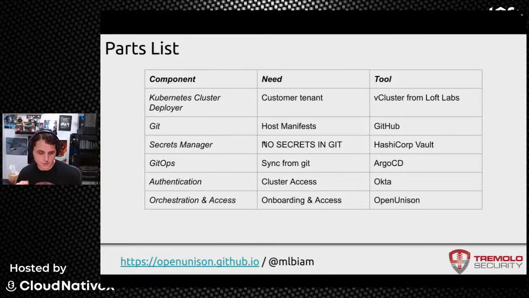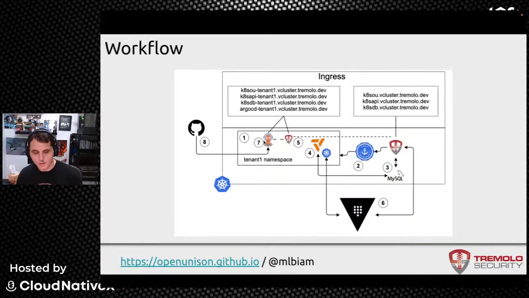For Argo CD, we're going to use Argo CD for GitOps, Okta for authentication, and tie everything together with OpenUnison. So we've talked about the what, we've talked about the why. Now let's talk about the how.